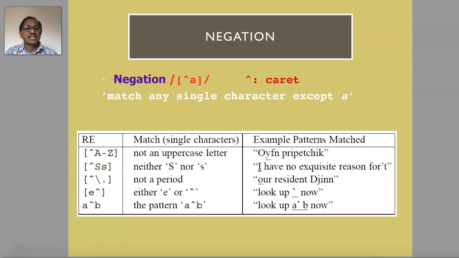Now, similarly, if you use E and caret, it means either E or caret. Here, the caret is not negation because there is nothing which follows it. So it is not negating. It is occurring only as a caret. Or if you use A caret B, it matches with the A caret B pattern.